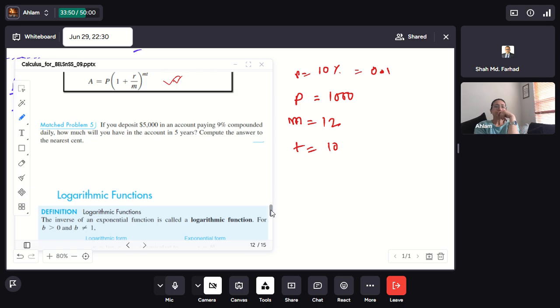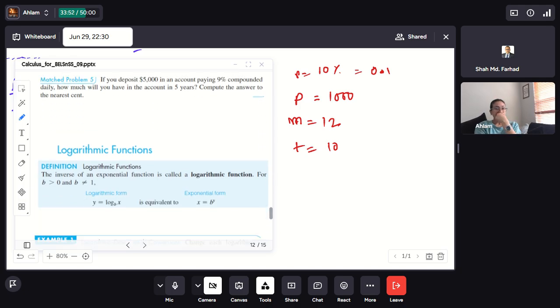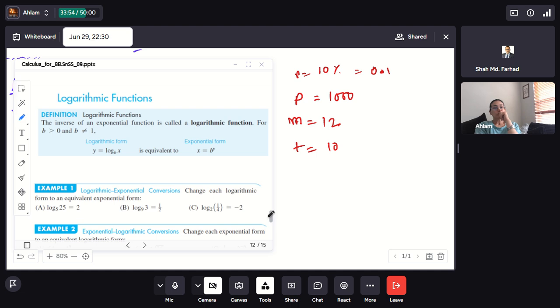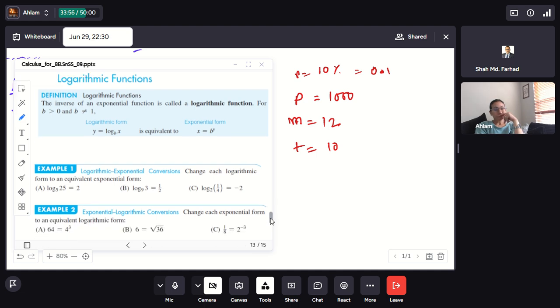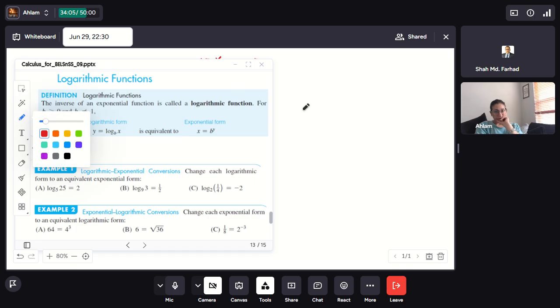And then the logarithmic function. Exponential function and logarithmic function are inverse to each other.